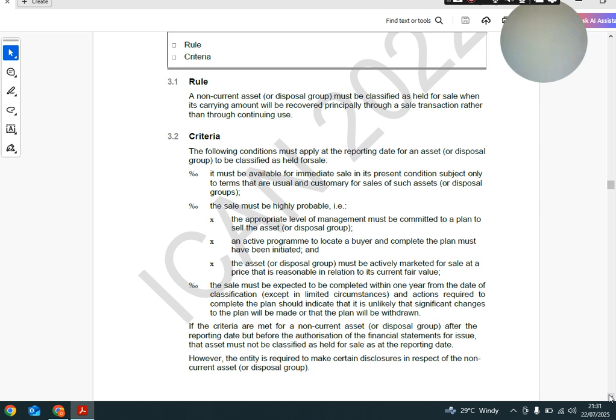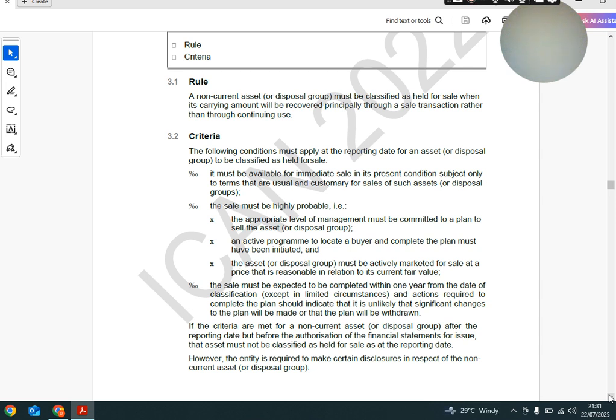So the price for the asset, the selling price, must be reasonable, in line with its current fair value. That's the third point there under the second condition. Like I said, we have 7 conditions, but they are grouped into 2.